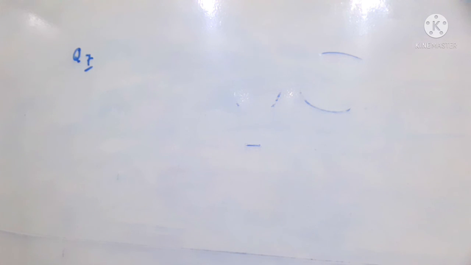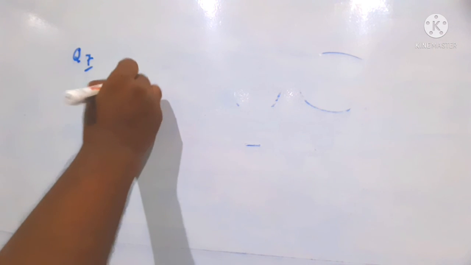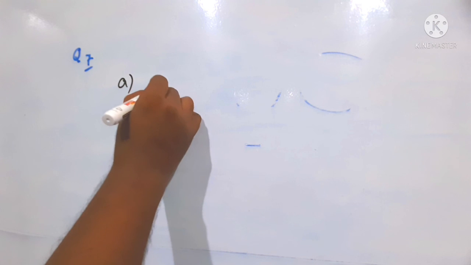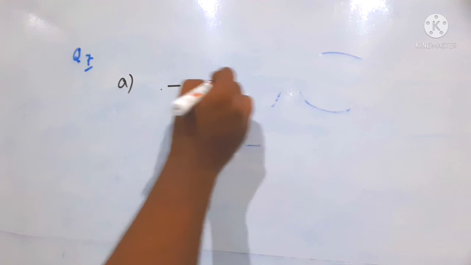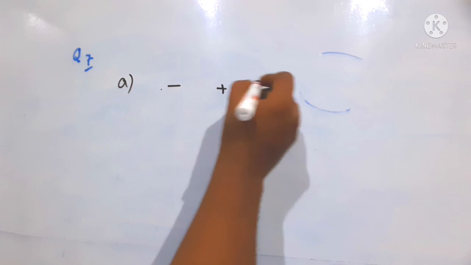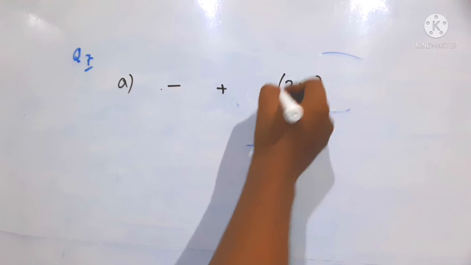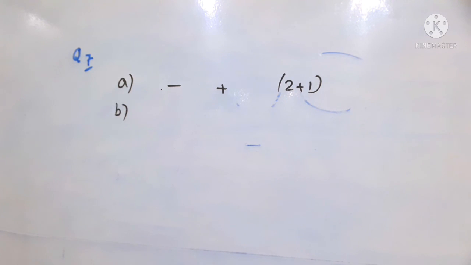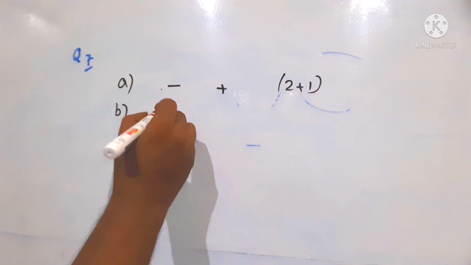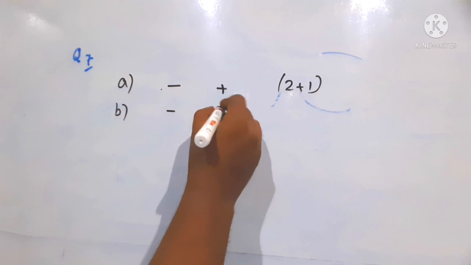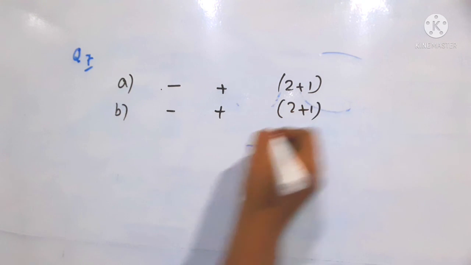Check how many signs are there. You have to check the sign. In option A, 2 signs. So 2 plus 1, 3 terms. In option B, there are 2 signs. First minus, then plus. So it's 3 terms.